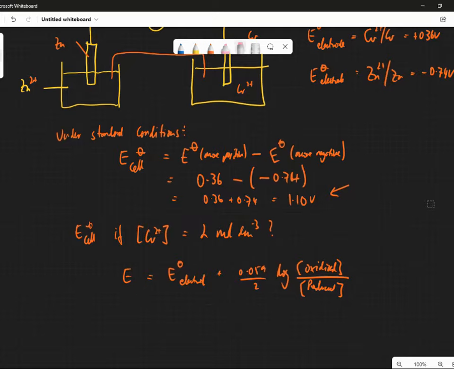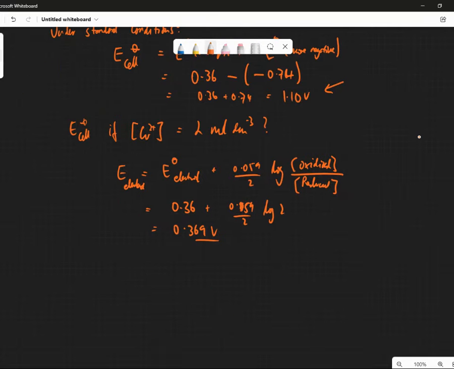So what we've got to do is use this equation for copper, and as we've done already, we get 0.34 plus 0.059 over 2 times log of 2, and we get 0.349. And then after we found the new electrode potential, we have to put it into this equation, the new cell potential.